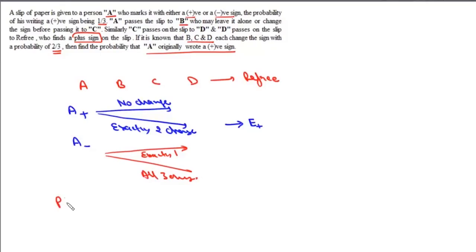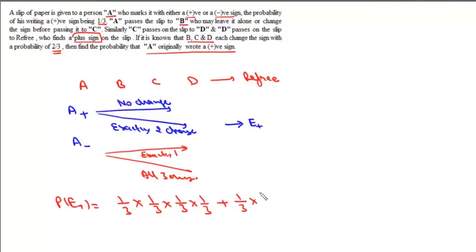So first we'll find the probability of getting a plus sign. Now, the probability of A marking it positive is 1 by 3. And in the first case, B, C and D do not change. So it will be 1 by 3 into 1 by 3 into 1 by 3 and then plus. Now again, A starts with positive, so this is 1 by 3 into exactly 2 of them change.